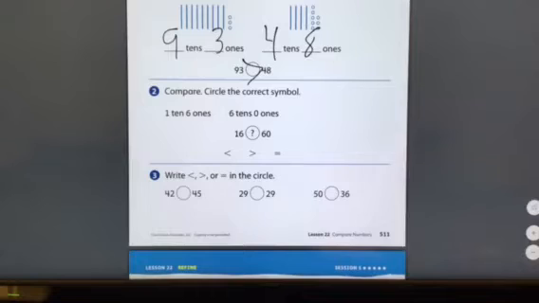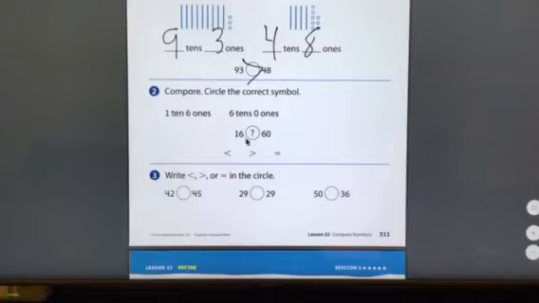Number 2, compare. Circle the correct symbol. You have 1 ten, 6 ones, which is 16. 6 tens, 0 ones, which is 60. Is 16 less than 60? Is 16 greater than 60?